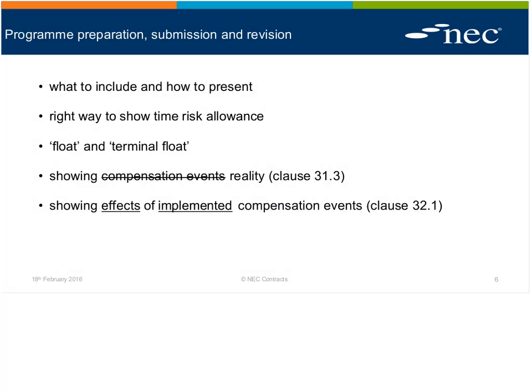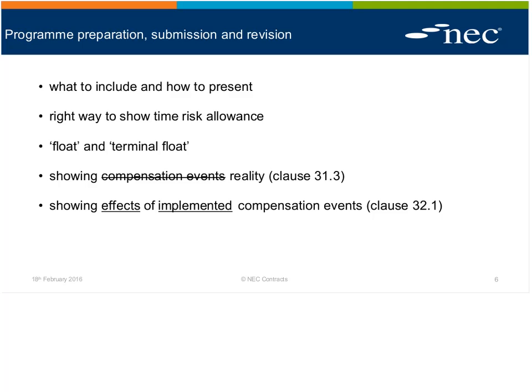The bullet points are quite lengthy in the contract. We haven't got time to go through all of them, but I think there's a couple of things here that quite often get missed or misunderstood. Floats and terminal float, neither are a defined term, but I think one of the clauses gives you quite an indication as to how to calculate these things. And also showing compensation events on the programme and how we might be less emotive about how we do that, so that maybe there's a degree of comfort in both parties where we are submitting and accepting the programme without feeling like we're prejudicing the outcome of a compensation event assessment.